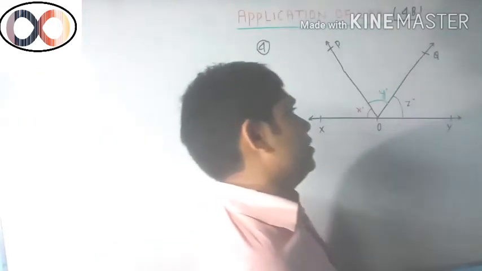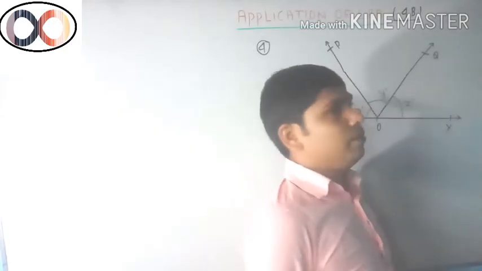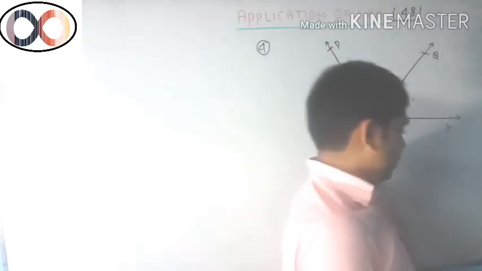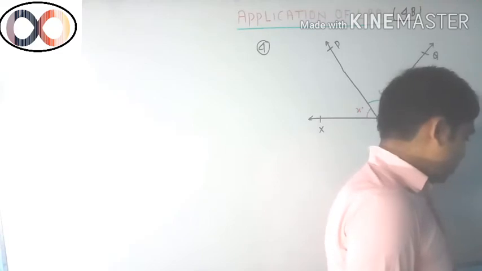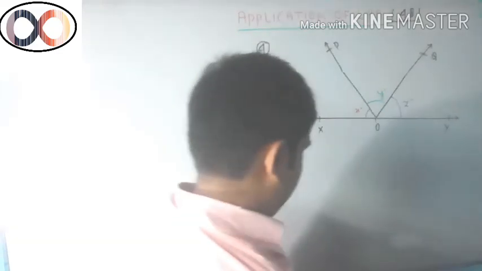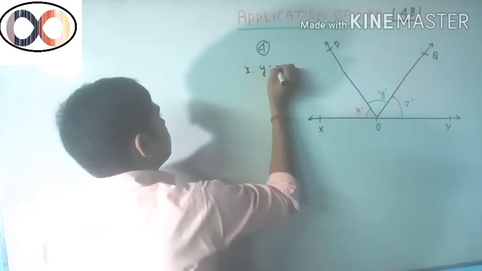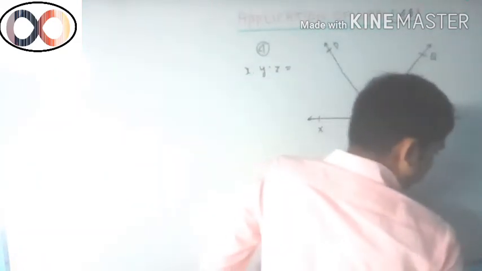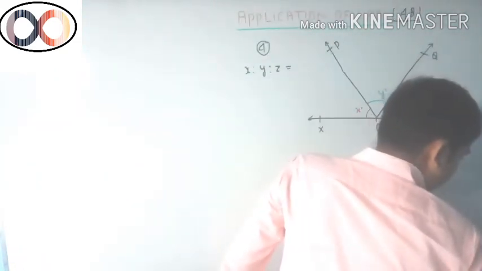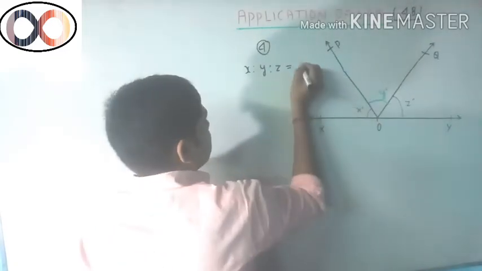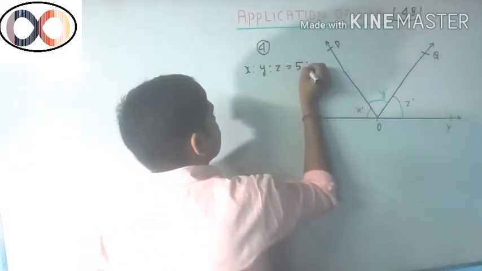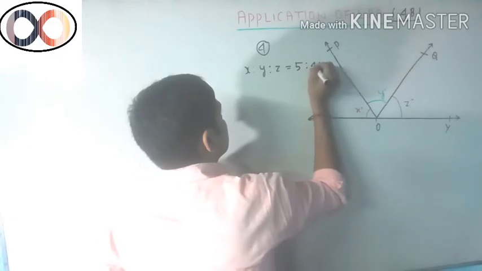We need to find the value of x, the value of y, and the value of z. The ratio is already given: x : y : z equals 5 : 4 : 6.